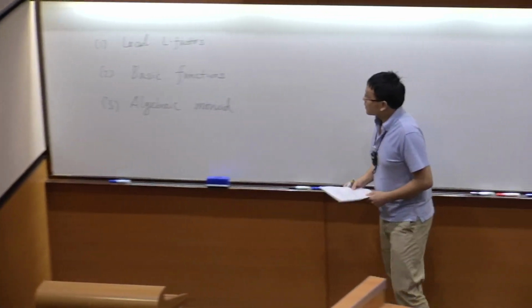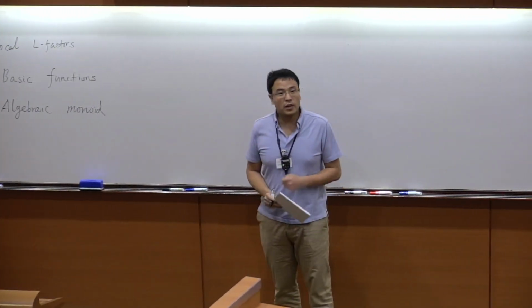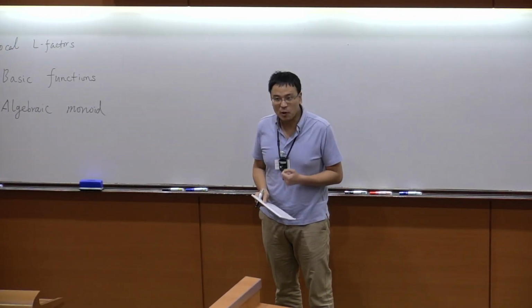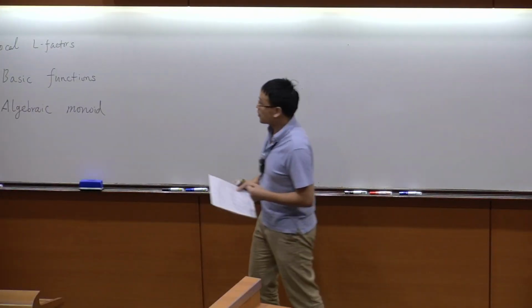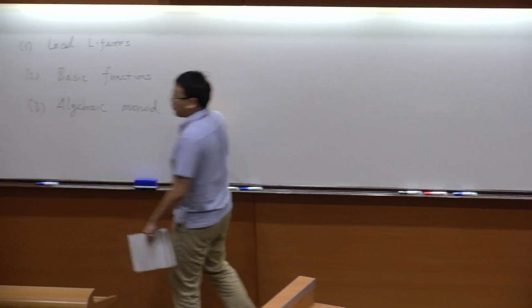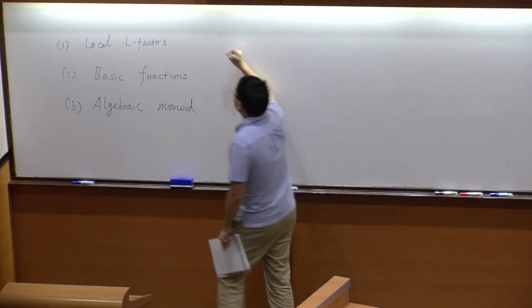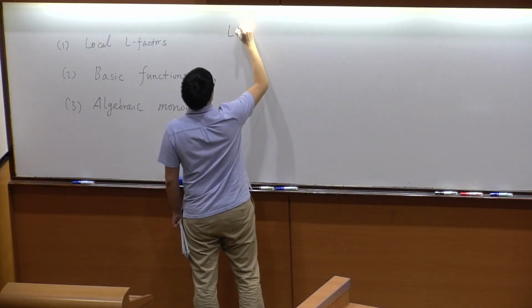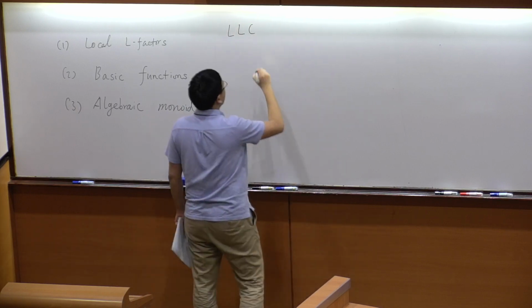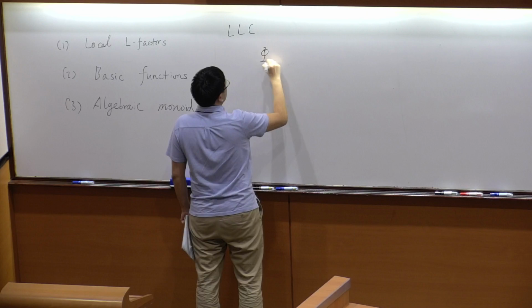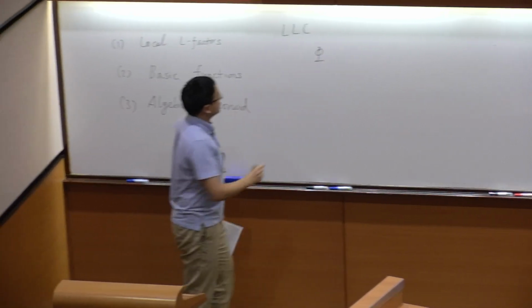Okay, in the morning, we already recalled the local Langlands correspondence and also the L parameters. So I'm going to follow Wittek's notation for the local Langlands correspondence. And we have a set of Langlands parameters.